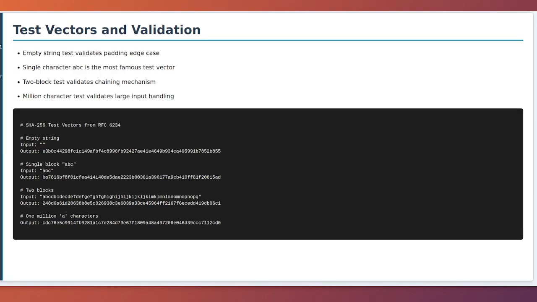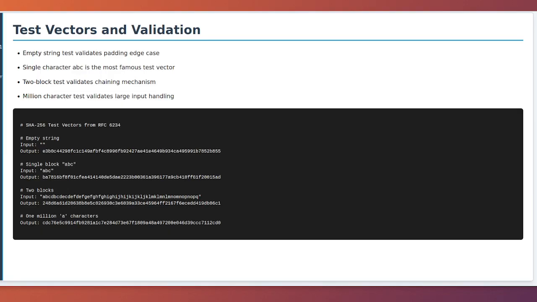The single block test uses "abc" as input, producing the hash beginning with BA78 and ending with 15AD. This is the most famous SHA-256 test vector and tests basic single block processing. The two-block test uses the string beginning with "abcdbcde" and ending with "nopq" as input, which is carefully chosen to be 448 bits long before padding, creating exactly 2 message blocks after padding.